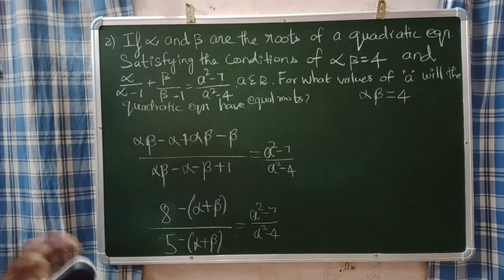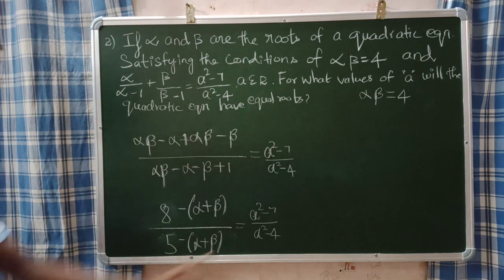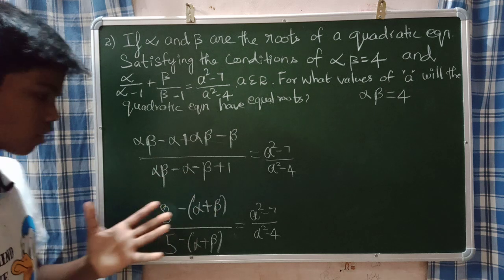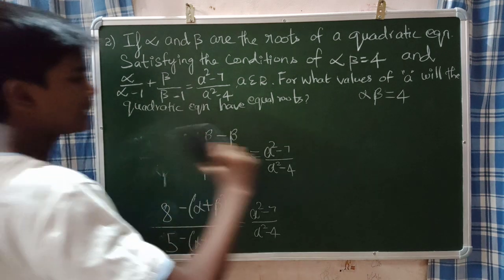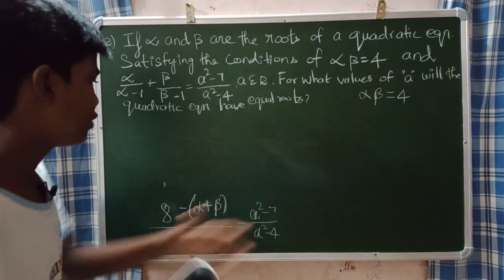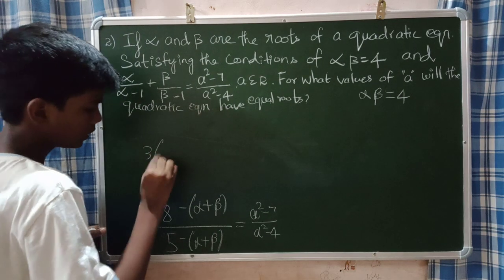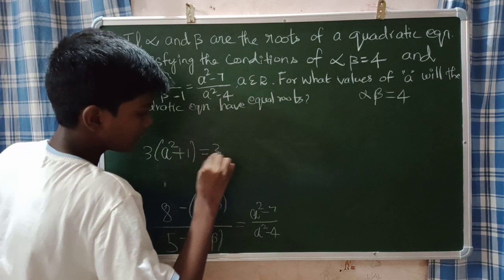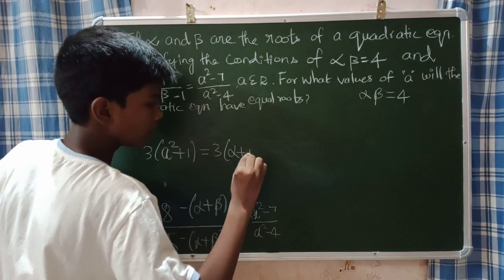Now guys, I'm going to cross multiply in this expression. That means the basic cross multiplication to get a linear form. When you cross multiply you will get a big value, but I will write it in a small standard form. What you will get is 3 of a square plus 1 is equal to 3 of alpha plus beta.